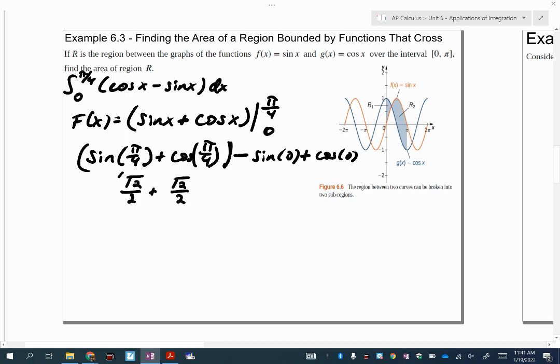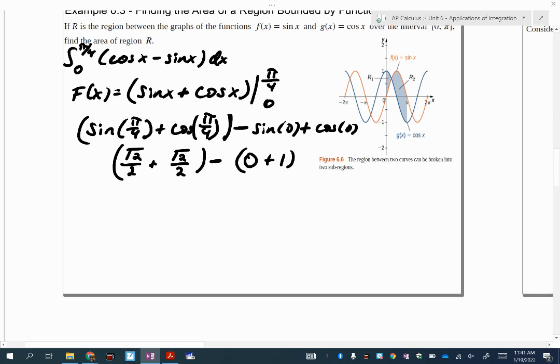And then that's going to be minus the sine of 0, which is 0, and the cosine of 0 is 1. All right, the square root of 2 over 2 plus the square root of 2 over 2 is actually just going to be the square root of 2 minus 1. So this is equal to the square root of 2 minus 1. All right, so that's just like halfway done.